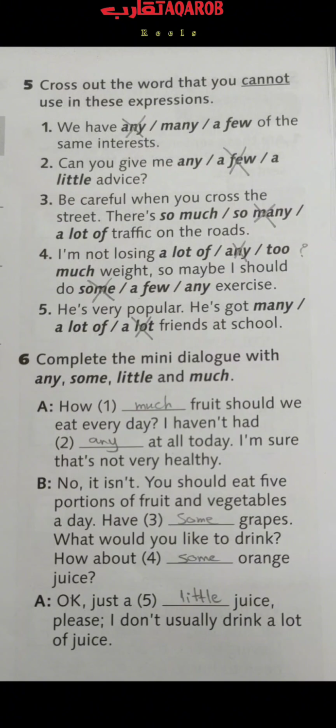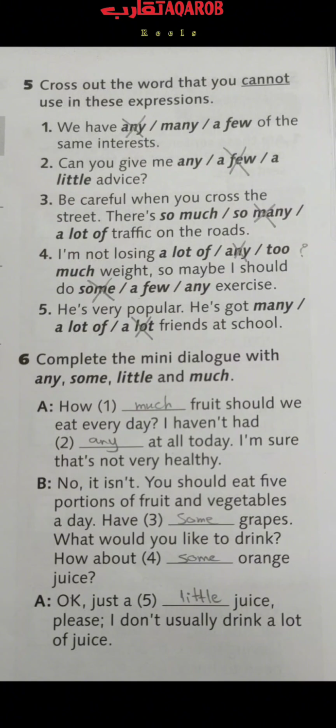The word that you cannot use is any. Can we use any with an affirmative sentence? No. So the answers will be either many or a few interests, because interests can be used with quantifiers used with countable nouns.